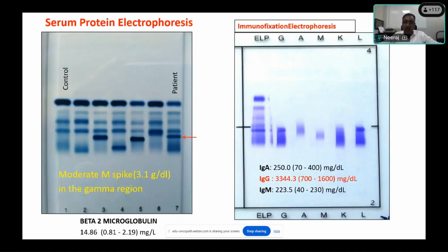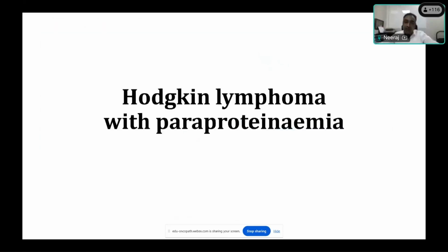But here we knew that there is a Hodgkin lymphoma, there is bone marrow involvement, and there is an increase in plasma cells, which were seen morphologically. In addition, there was an M band, and IgG was increased. So we needed to characterize those plasma cells. Prashant previously showed a flow cytometry characterization of those plasma cells.